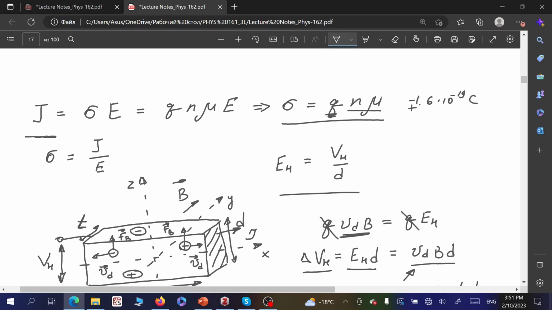So that's the way we combine this effect of magnetic force on mobile charge carriers in a conductor in order to answer quite an important question: how we get simultaneously in one experiment both values of concentration of charge carriers and mobility.